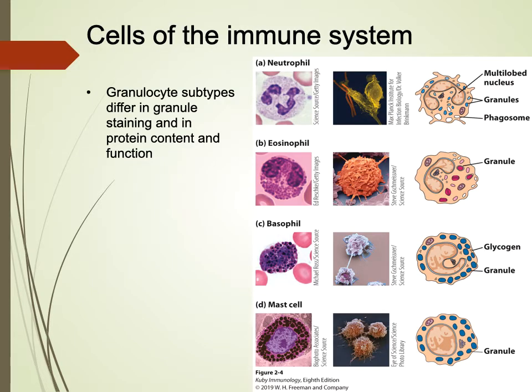So just looking at these underneath the microscope, you can see in our first column what they would look like. The middle column is looking at them under SEM, so scanning electron microscopy, and the last column is just a drawing of them in a scientific illustration.